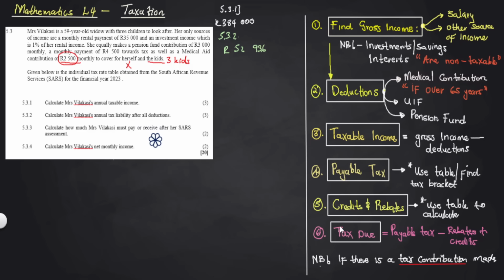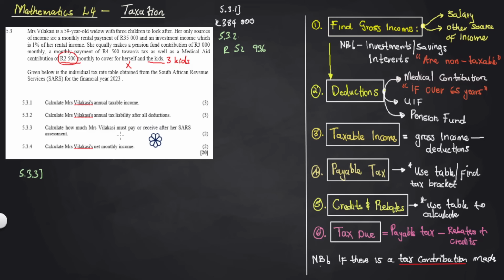Calculate how much Miss Vilagazi must pay or receive after her SARS assessment. So SARS collects the tax. We assess and find out how much she owes or is owed. Her tax was collected through the company or her operation.